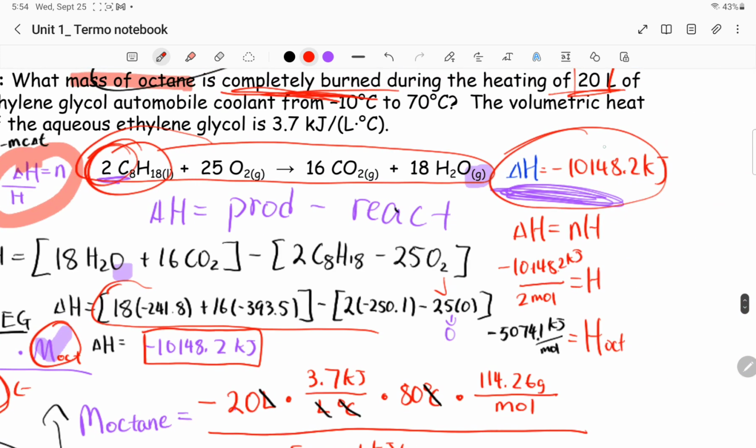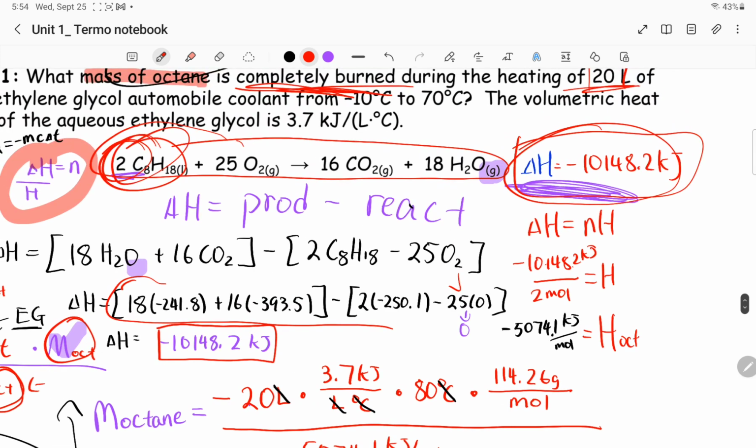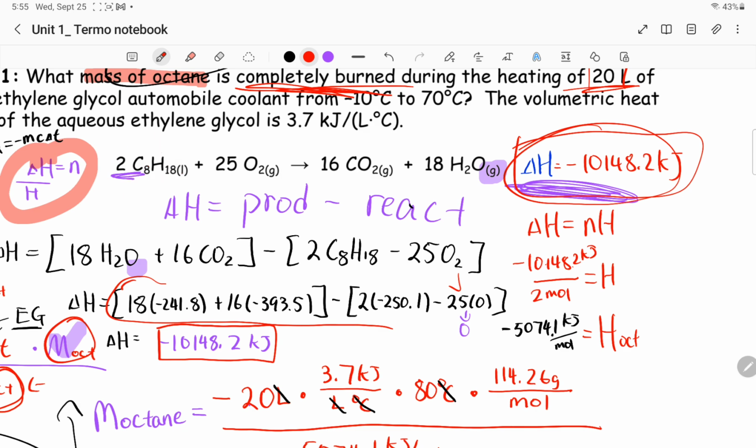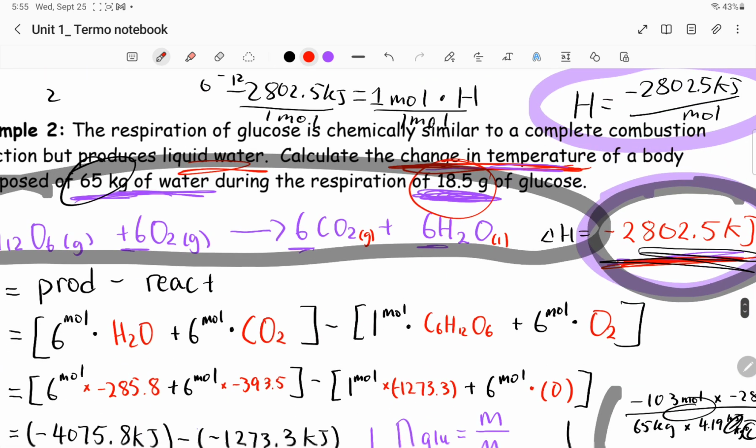That's why we had to find a delta H, because that was our combustion enthalpy overall for 2 moles of octane, 25 oxygens, 16 carbons, and 18 H2Os. All right. So now the next question is about the same.